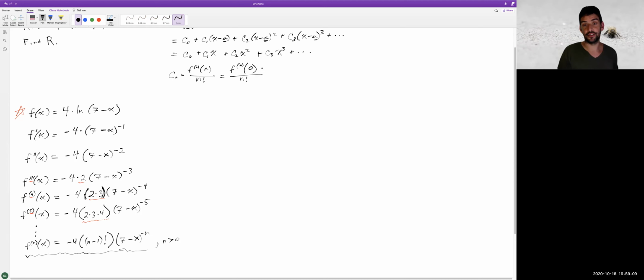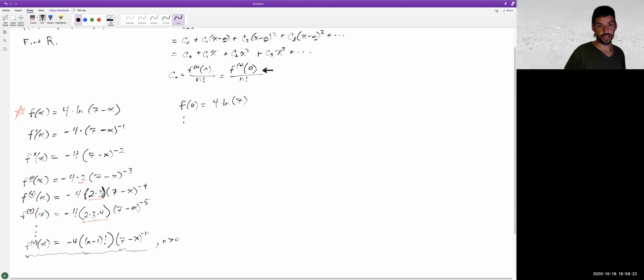So let's evaluate these. Remember our formula right here, we're evaluating at x equals 0. So I want f of 0. This is 4 natural log of 7. Then we get f prime of 0 is negative 4 times 7 to the negative 1. F double prime of 0 is negative 4 times 7 to the negative 2. Let's do 2 more.